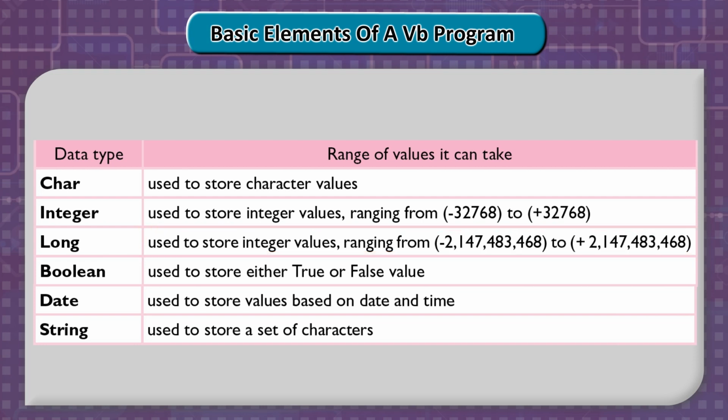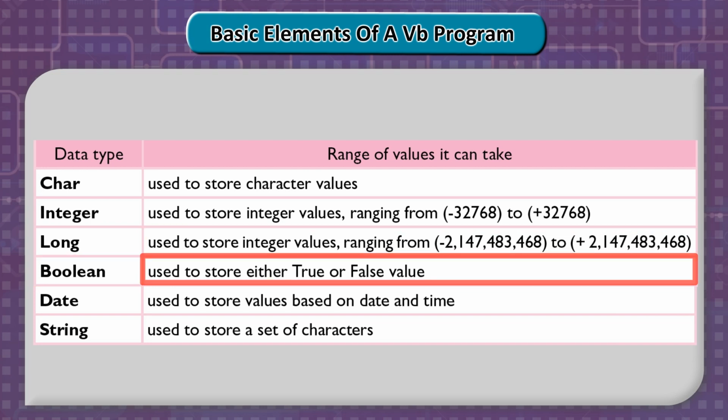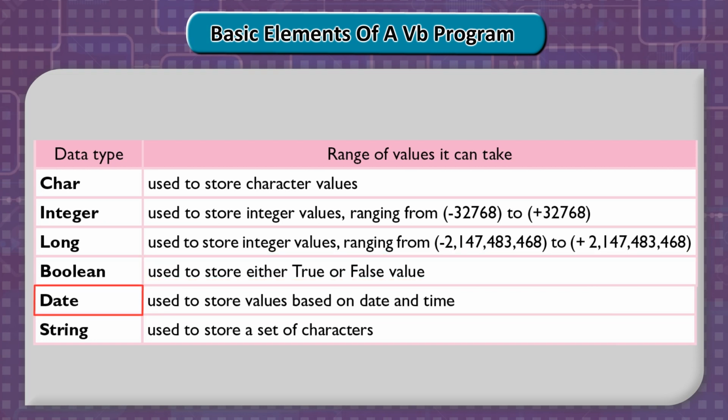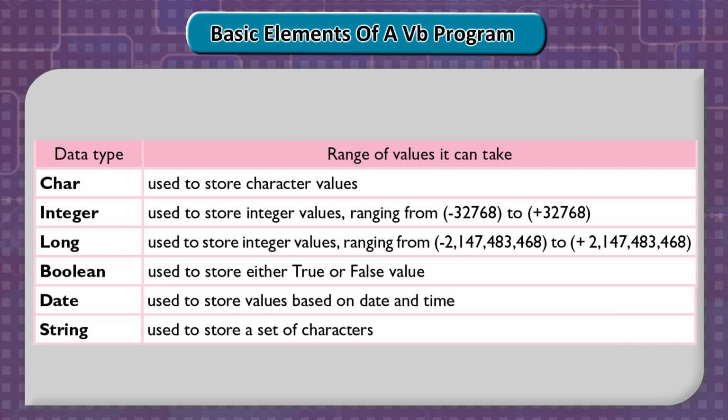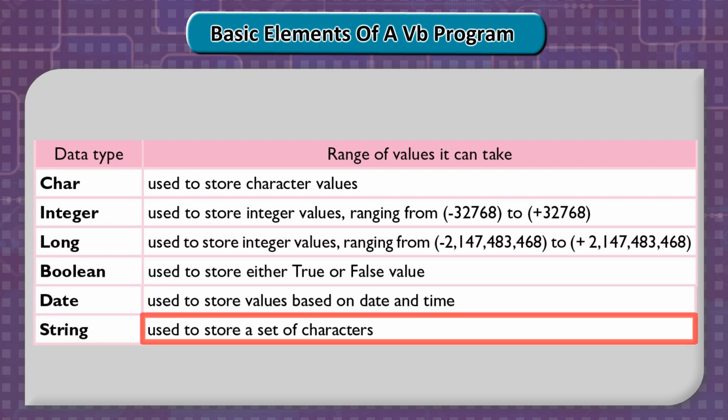Used to store integer values, ranging from -2,14,74,74,468 to +2,14,74,74,468. Boolean. Used to store either true or false value. Date. Used to store values based on date and time. String. Used to store a set of characters.